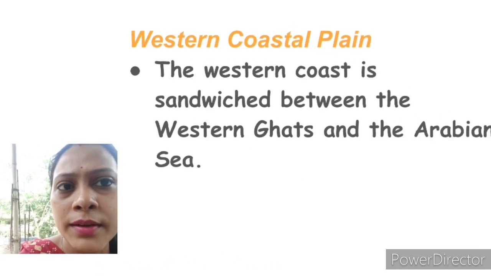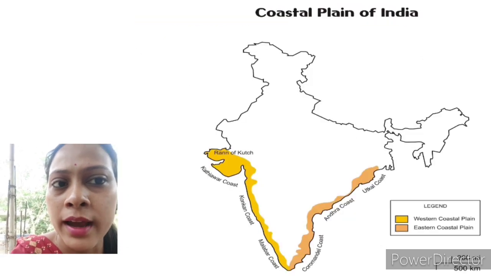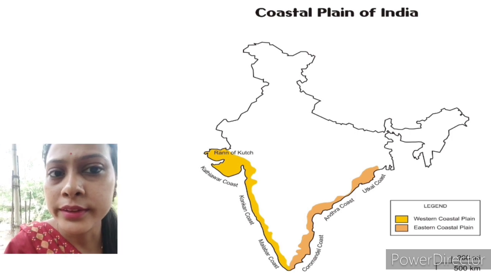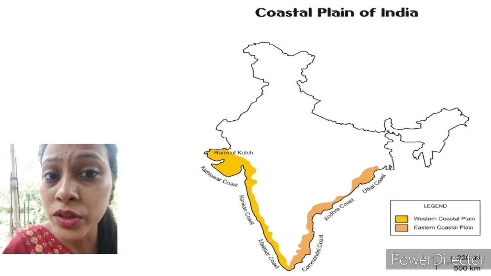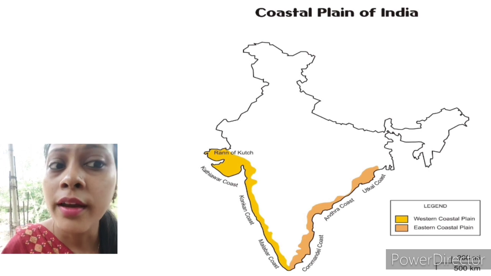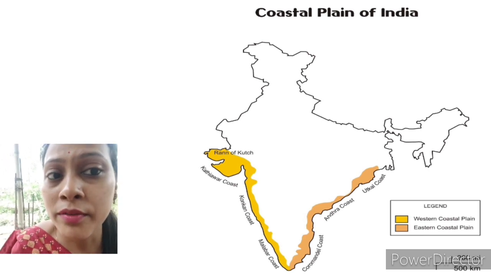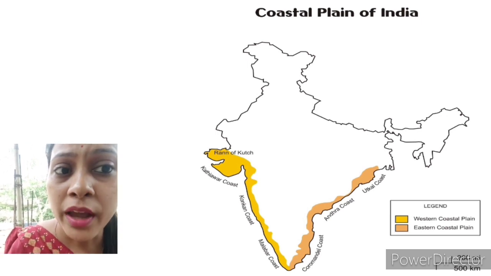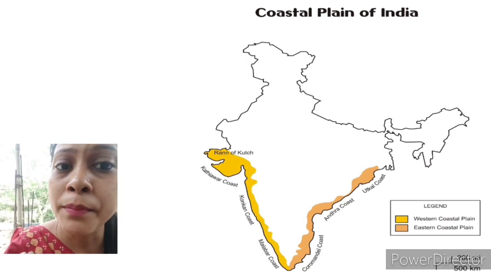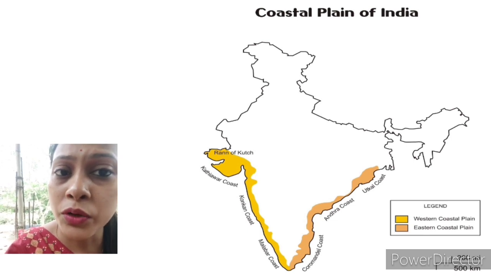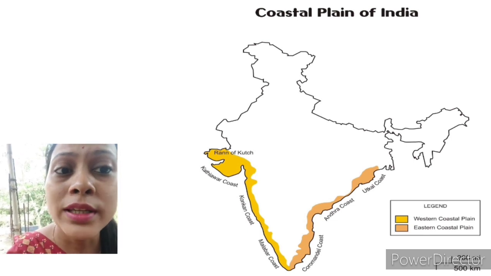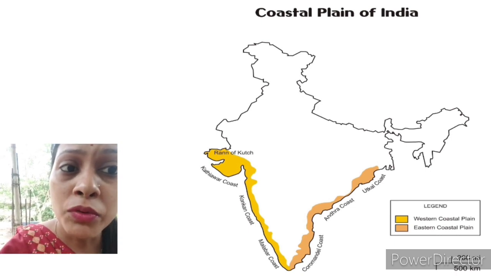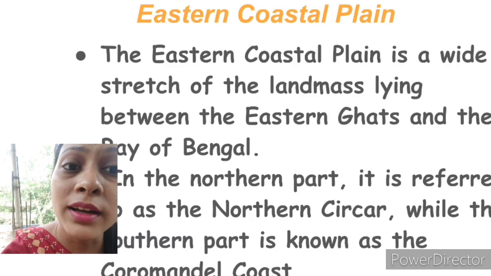You can see Kathiawar Coast, which is the Gujarat coast, then Konkan Coast, and then the Malabar Coast. Malabar Coast lies in Karnataka and Kerala, Konkan Coast includes Goa and Mumbai region, and Kathiawar Coast includes the Gujarat plain. So these are the 4 divisions. Sorry, one more was there: Kathiawar Coast, then Konkan Coast, then Kannar Coast.